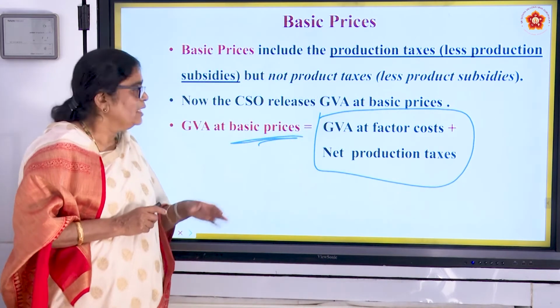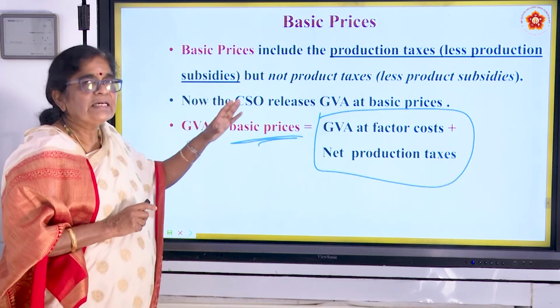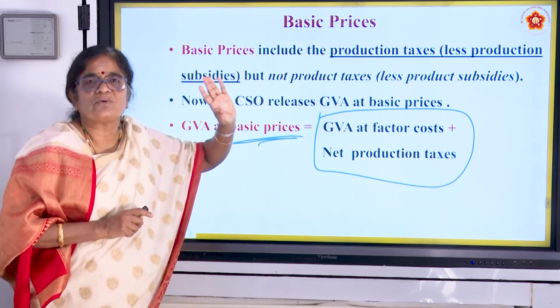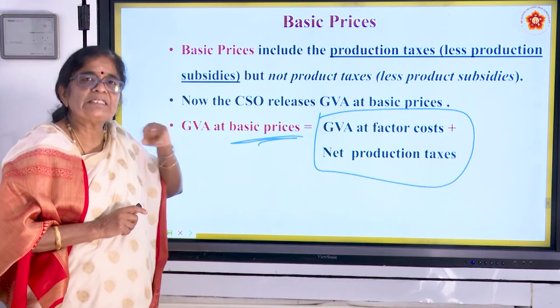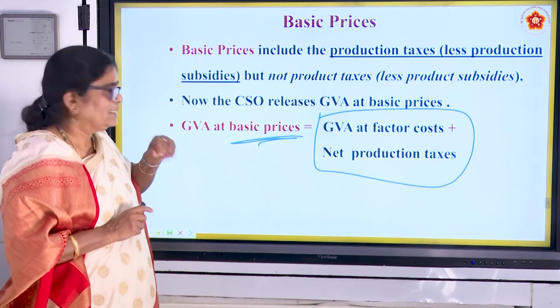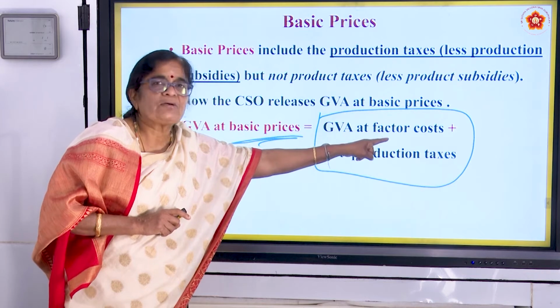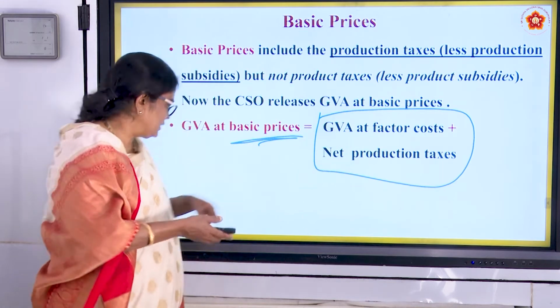I hope you understood. Therefore, if the Indian government releases GDP as GVA at basic prices, gross value added at basic prices, what do you mean by that? That means it has included GVA at factor cost plus net production taxes.